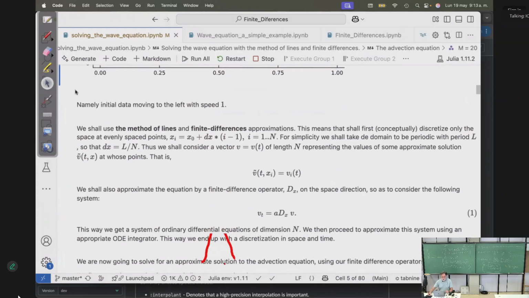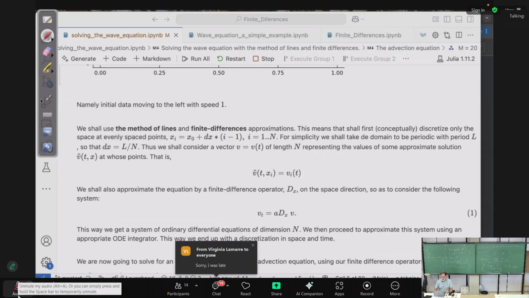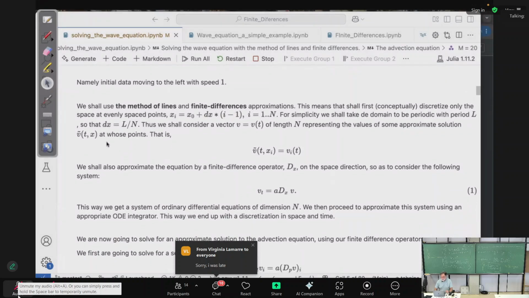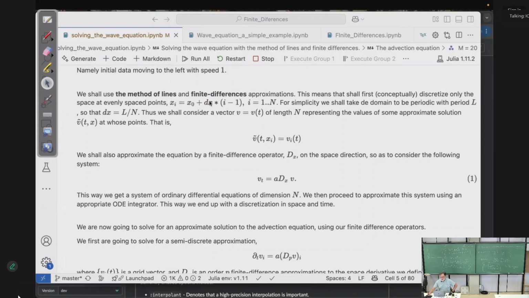So as I say, we are going to use the method of lines, and that means that we are going to take some points. Here I put the points. x_i is x_0 plus dx times (i minus 1), and i goes between 1 and big N. And we have agreed that it is equispaced, and dx is L over N, where L is this distance.